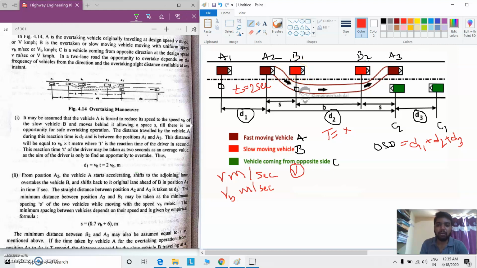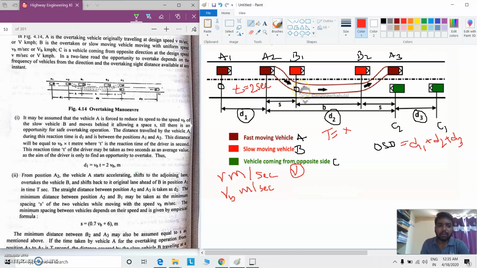Like you may have experienced in a bus, whenever the bus is overtaking a particular vehicle, it moves at the speed of that vehicle. These are the main considerations.